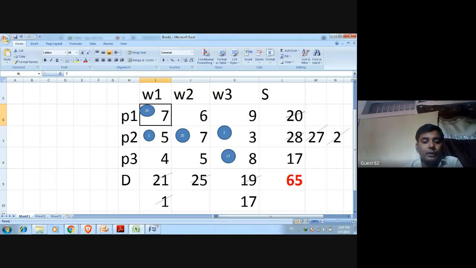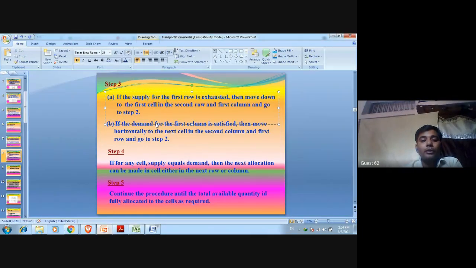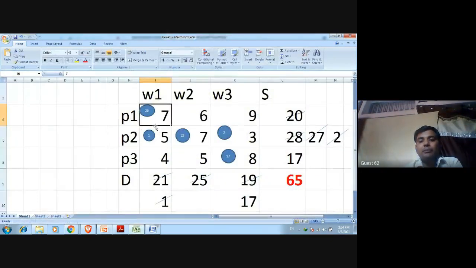Okay. Now, if the supply for the first row is exhausted, then move down to the first cell in the second row and first column and go to step 2. Again, if the demand for the first column is satisfied, then move horizontally to the next cell in the second column and first row and go to step 2. It means that we have done this process.